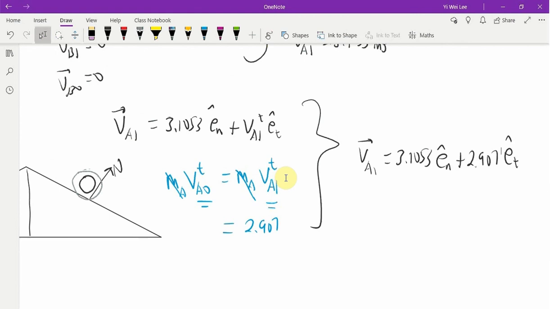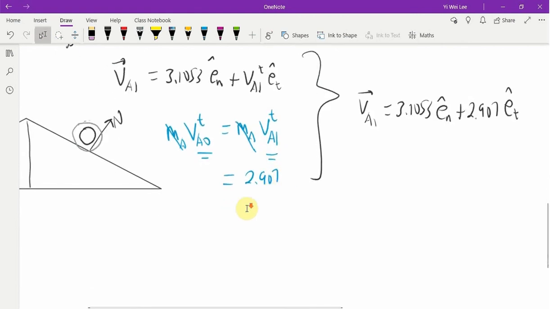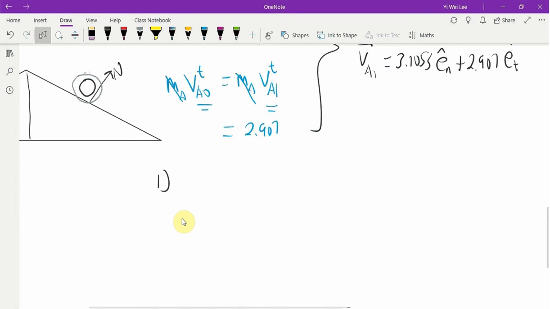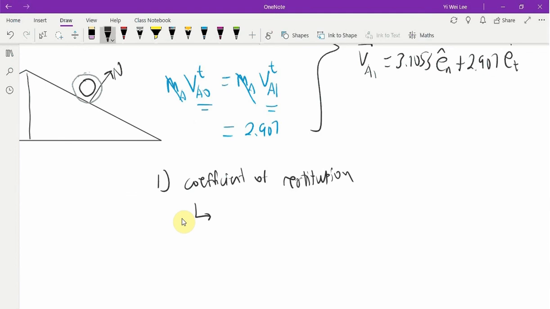I know it's a bit hard to understand, so let me do a very quick recap. First, I use the equation of coefficient of restitution. From it, I found the velocity of A after collision which is normal to the collision plane.